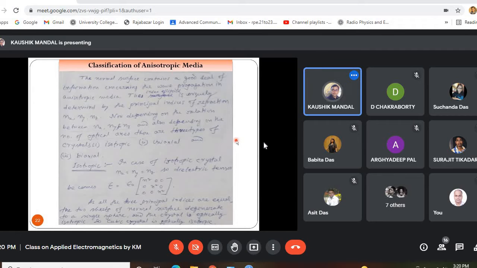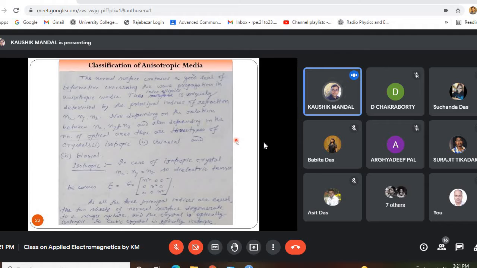From the normal surface, we can get a good amount of information about the wave propagation in the corresponding anisotropic media, because from the normal surface you can get an idea about the position of the optical axis as well as the structure of the two shells, whether both shells are spheres or one is a sphere and another is an ellipsoid. Secondly, from the index ellipsoid, we can easily find the two indices of refraction and the directions that are associated with D1 and D2.